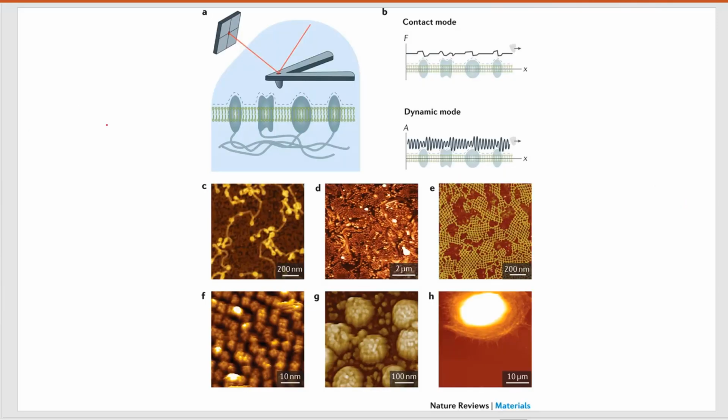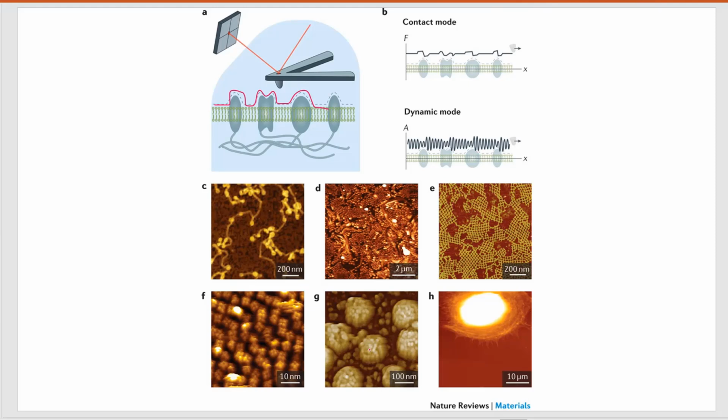So see here, if we take a cellular surface, a cell has many proteins which are cell surface proteins or membrane embedded proteins. If the tip moves, it will trace the surface like this. Even in dynamic mode there will be up and down.